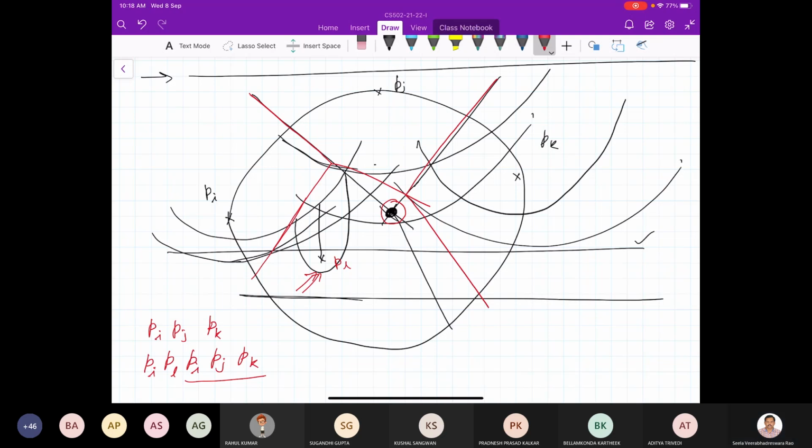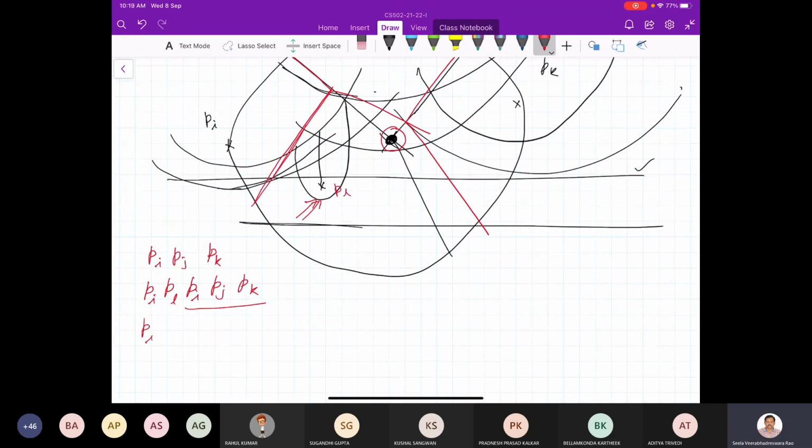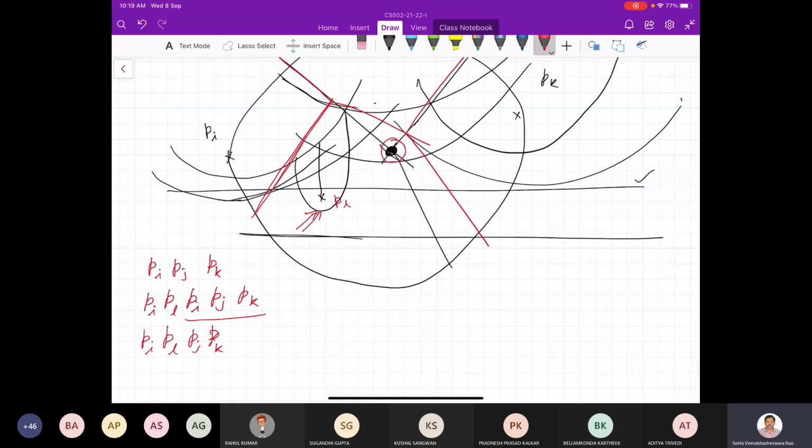But when the bisector between this PI and PL meets the rest of this Voronoi diagram, then what happens? You have PL, PJ, PK. Okay, this part of the parabola corresponding to PI will go away. That middle one actually defines the circle event corresponding to this one.